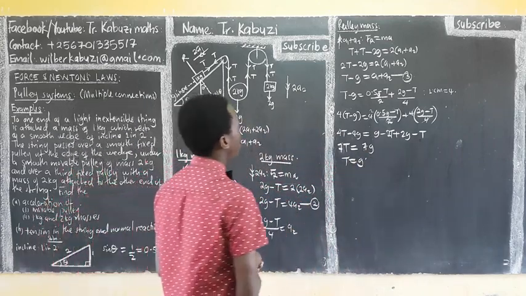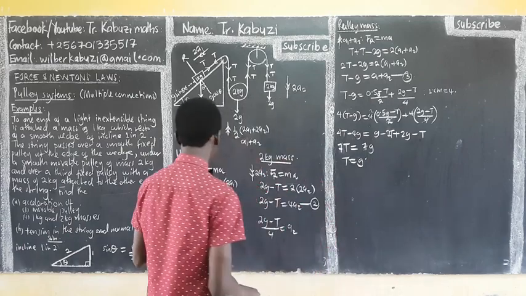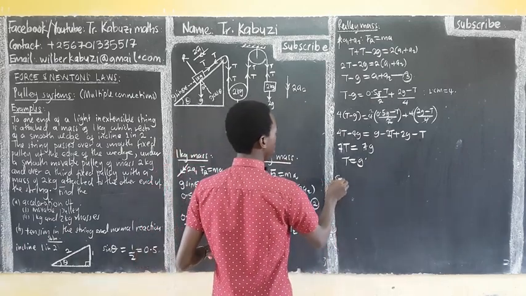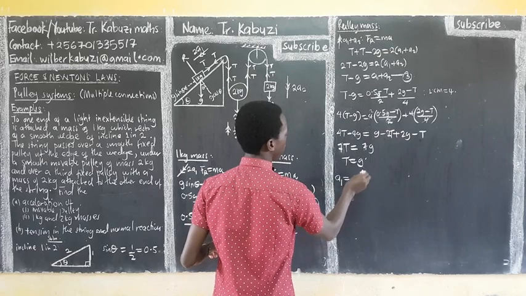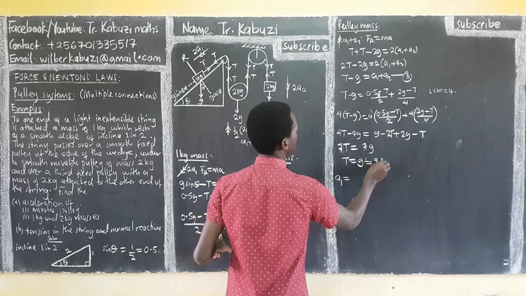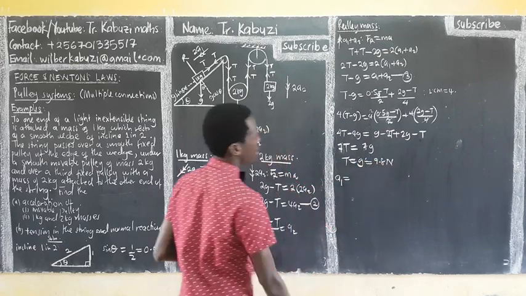Okay, so after getting our t, we can come and get our a1. So our a1 is going to be, by the way, this is just 9.8 newtons. That's our d.